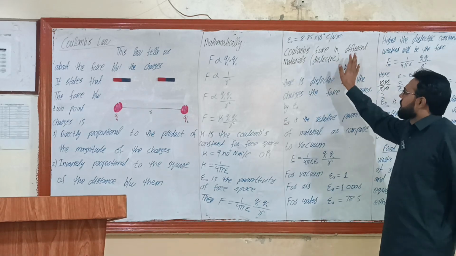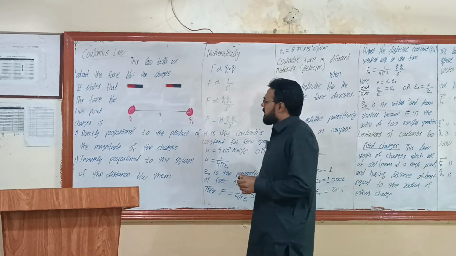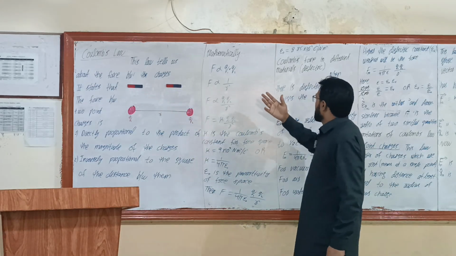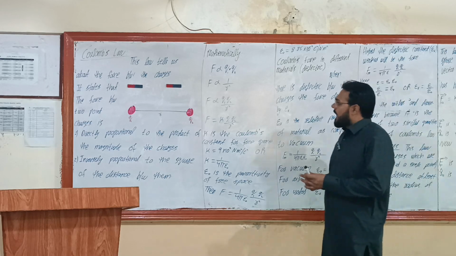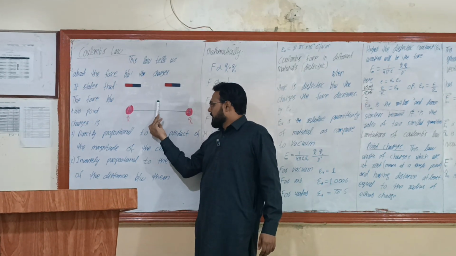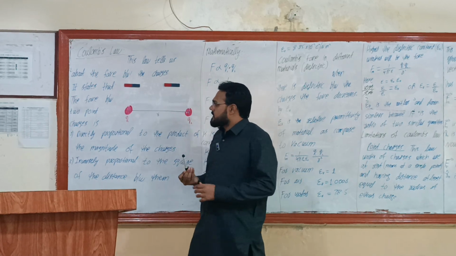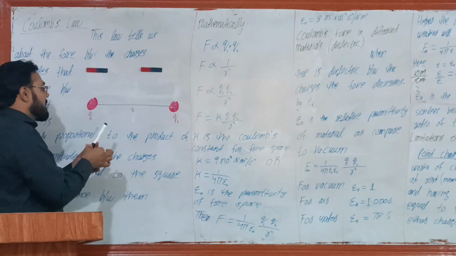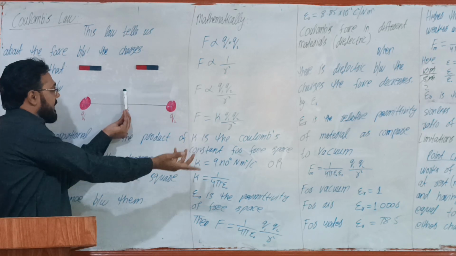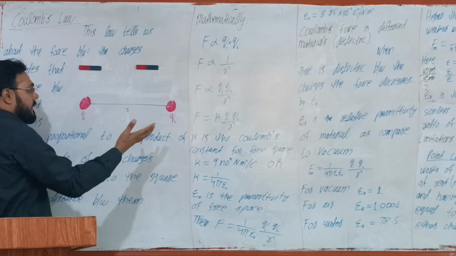Now, Coulomb's law in different materials, meaning different dielectrics: plastic, glass, water, etc. If I put a marker, a dielectric, between the charges, the force of Q1 on Q2 will decrease. If I remove it, the force increases.